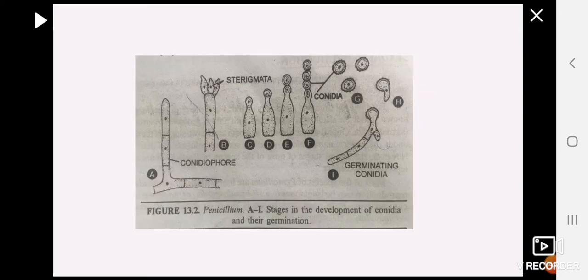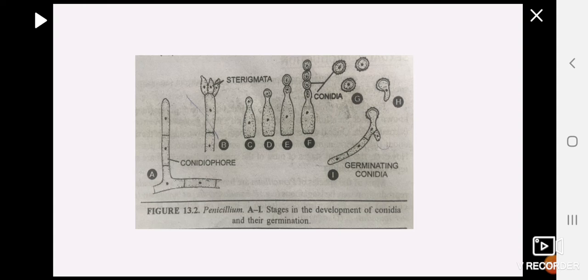You can see here in the diagram that conidiophores develop from the vegetative cells only. The vegetative cells give rise to septate hyphal branches, and these branches grow vertically and are called conidiophores.